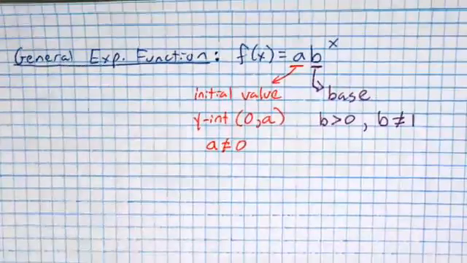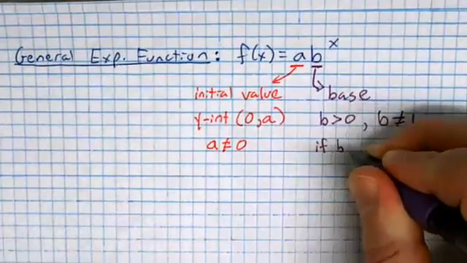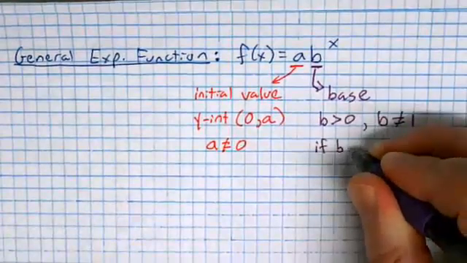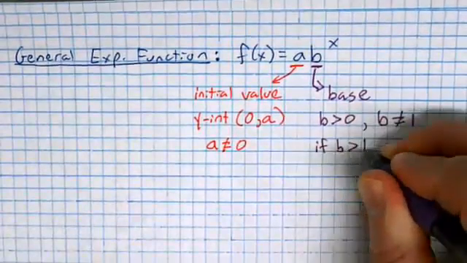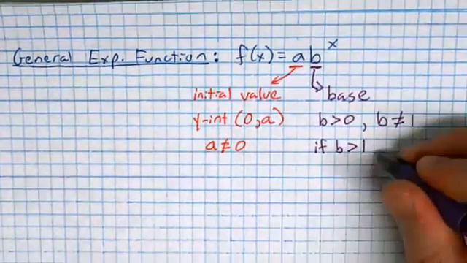Now, there's kind of two things that can happen. If b is greater than 1, we're talking about growth.